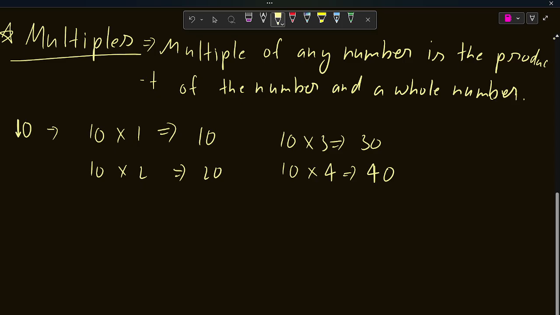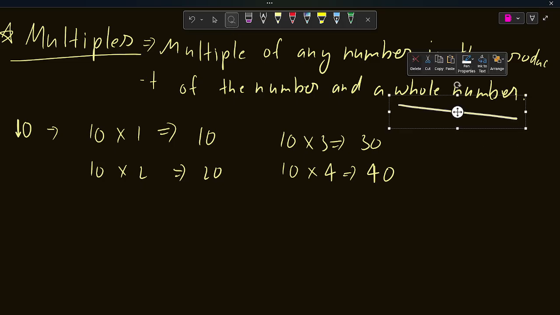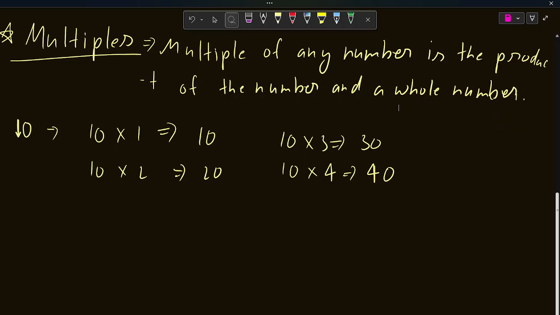Because whole numbers are infinite. So by multiplying any whole number with 10, we will get a product, and that product will be considered as a multiple of 10. So this has to be understood. I think this is clear.